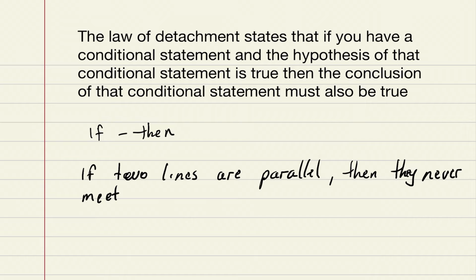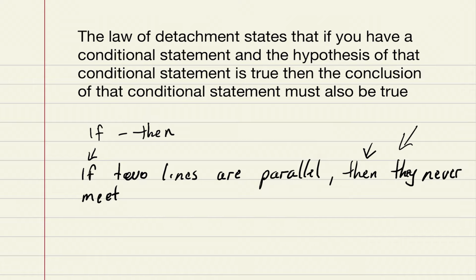So this is a conditional statement because it has the if-then part. And this in geometry or in math it's considered the hypothesis portion. So this is the hypothesis, and then here is the conclusion. So if two lines are parallel, then they never meet. So that's the conditional statement.